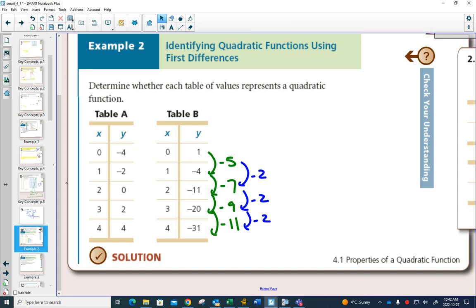If you get a pattern where the first differences are increasing by a certain amount each time, and then the second time you check the differences, it's always the same, that will make it a quadratic graph.